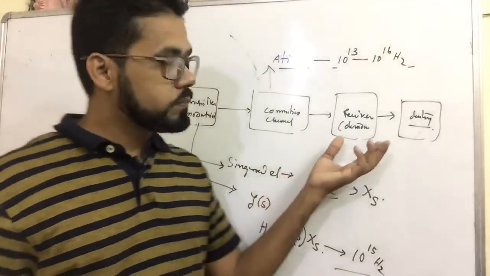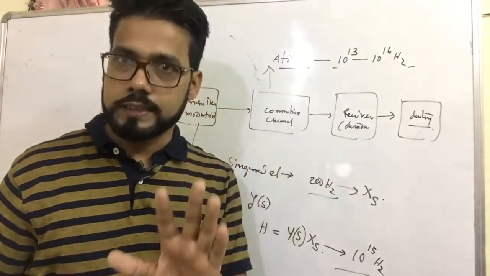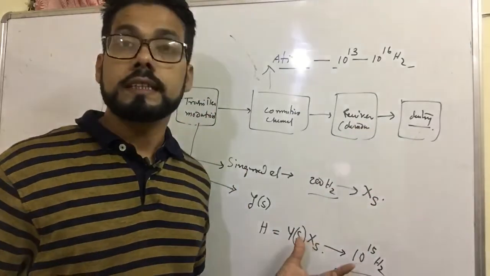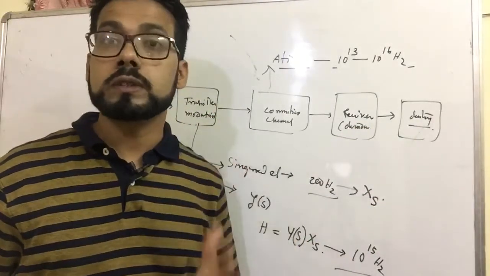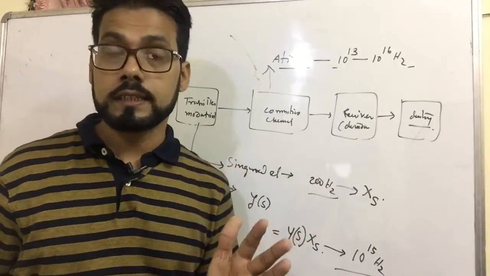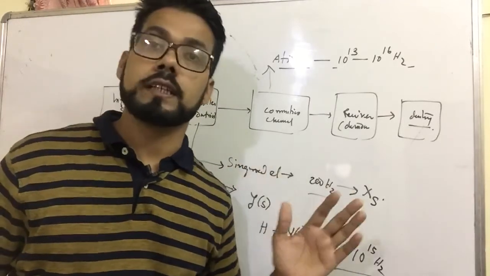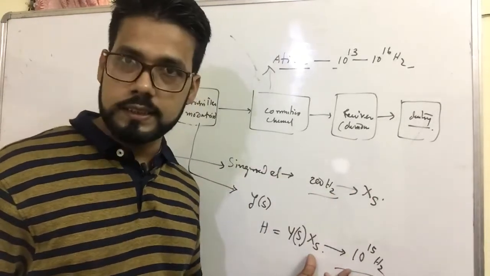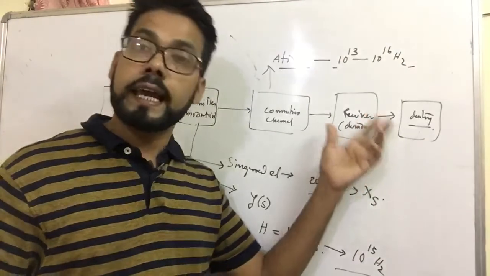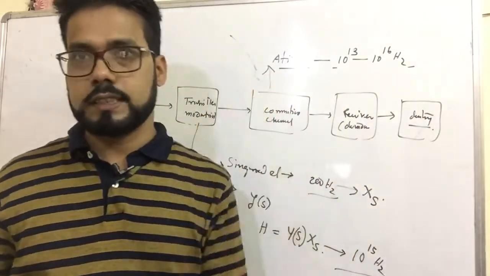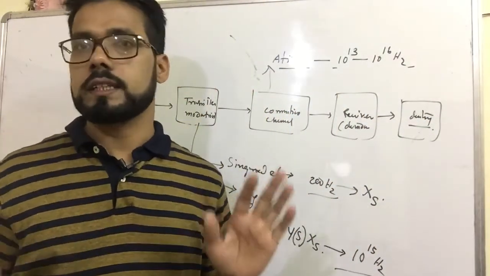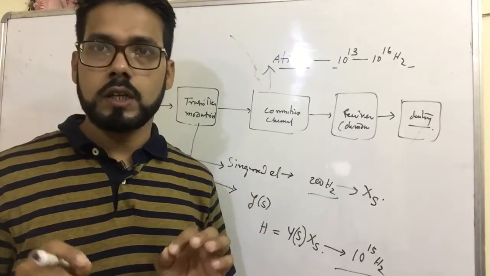Similarly here, the receiver will receive the signal first. Then demodulation, which is the process of removing the carrier signal from the original signal. It will extract the original signal using the demodulation process and then transmit to the receiver. This is how we are getting the output signal.